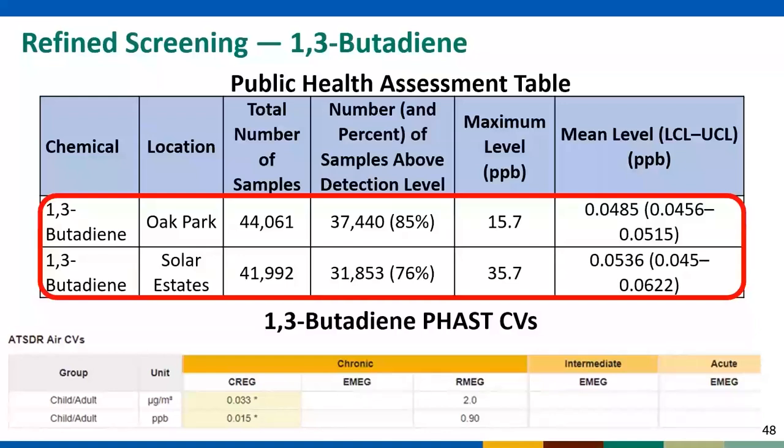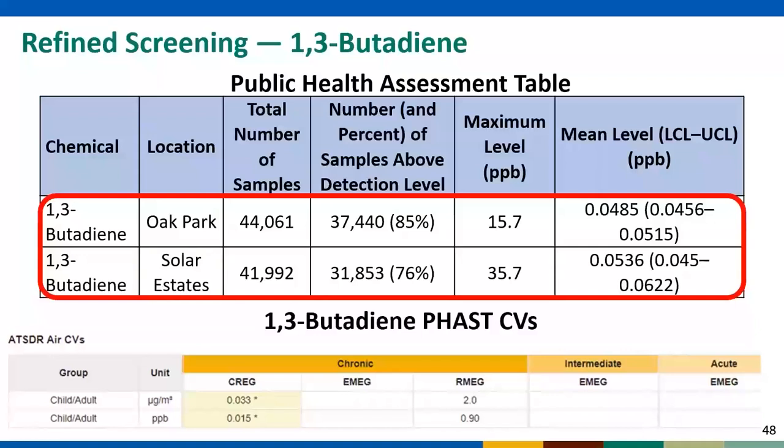Now another question. Based on these data, would you screen 1,3-butadiene into your evaluation based on my refined screening results? The answer is yes. Remember, for my refined screen, I screened maximum levels against short-term CVs and the mean levels against long-term CVs.